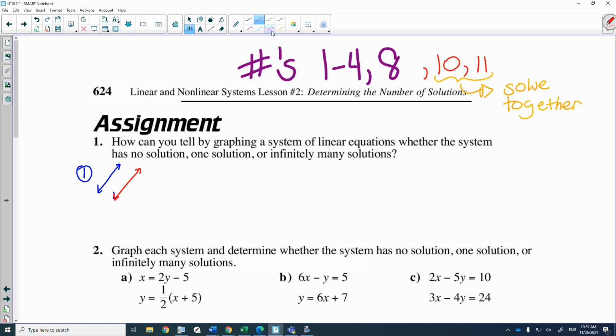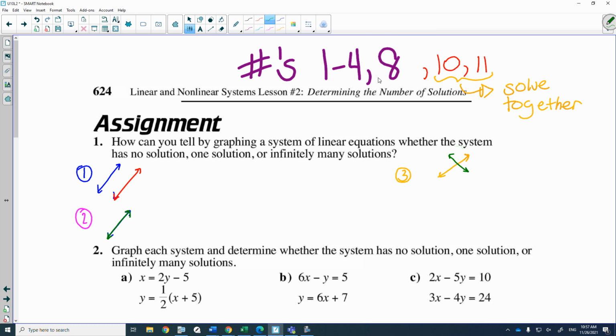And then number 2, the second scenario was this, one on top of the other. Talk about the slope and the y-intercept. And then the third scenario that it wants you to talk about was system 1 and system 2. And again, they want you to talk about slopes basically for this one.